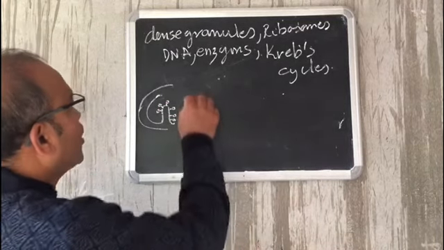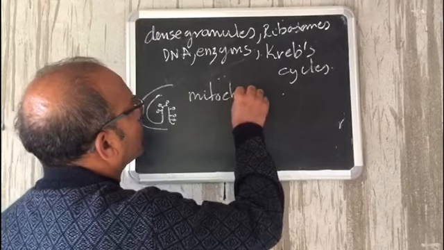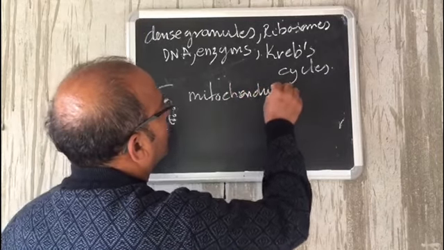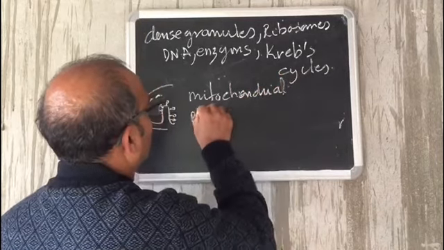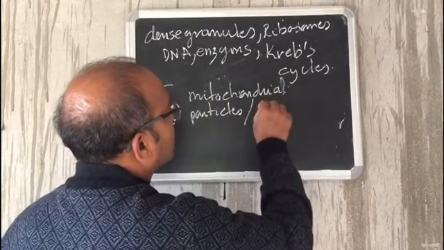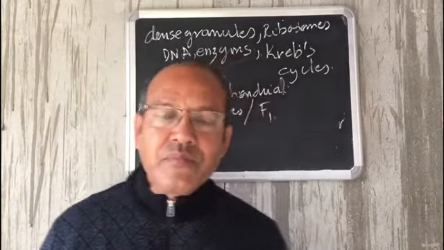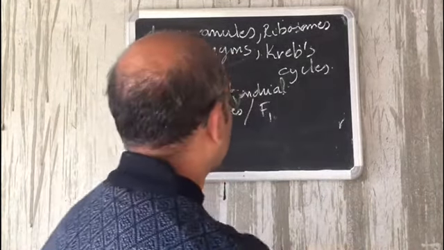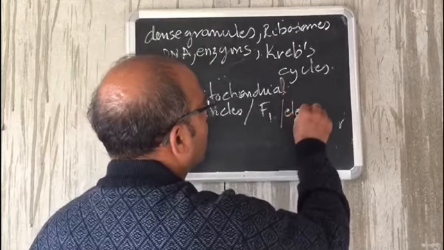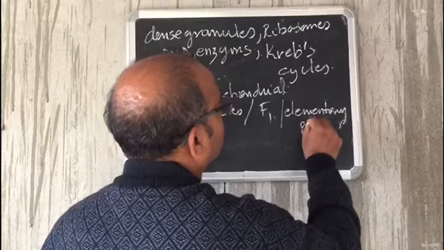These are known as mitochondrial particles, or F1 particles, or elementary particles.